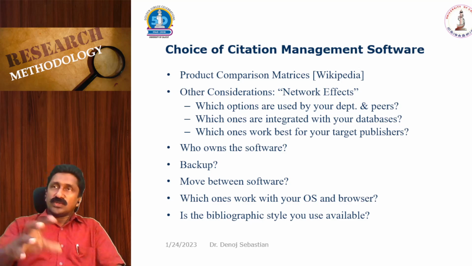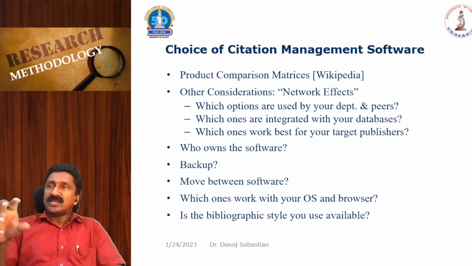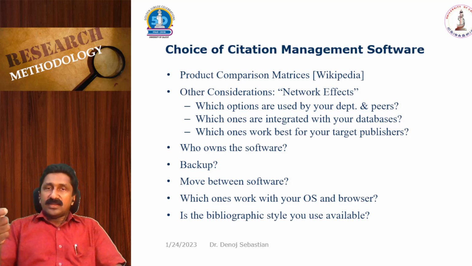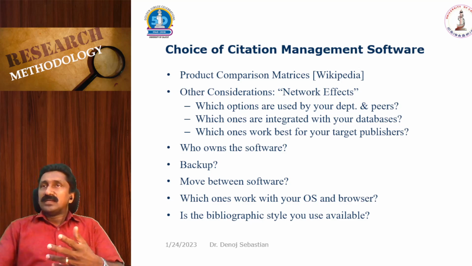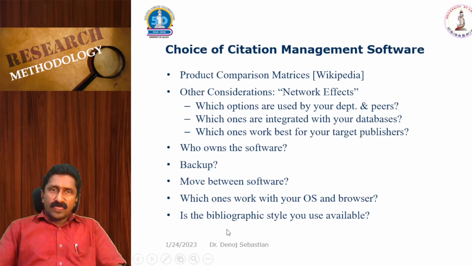So you can download and use that one. So if any journal specifically provides a style sheet for any software, you can use that software for writing that paper. But in some cases, the journal may not provide the style sheets for some software. So in that case, you have to either prepare it manually or you have to use another alternative software.